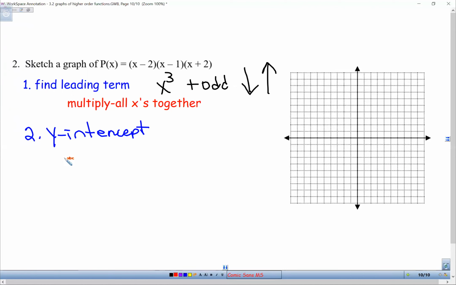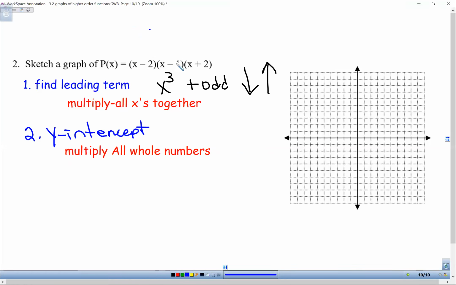To get the y-intercept, we need to multiply all of the whole numbers together. Now, if there were an x out here by itself in front, then the y-intercept would automatically be 0, because remember that x is the same really as x minus 0. So we're multiplying everything by 0. But there's not in this case.